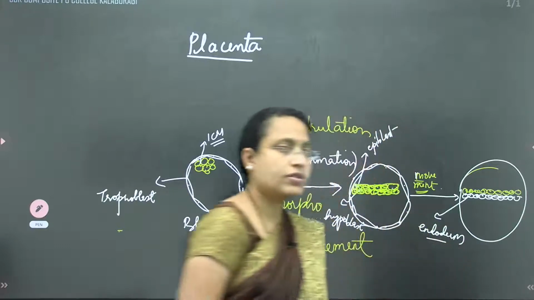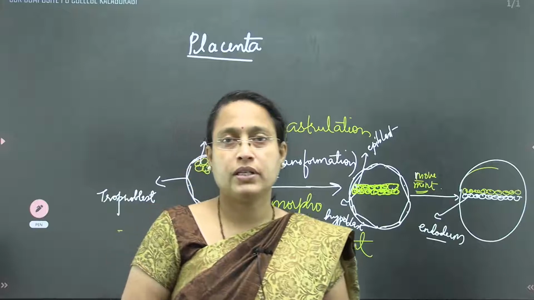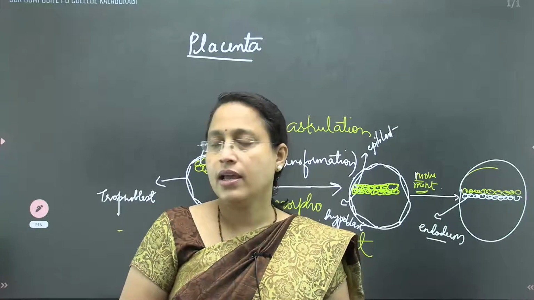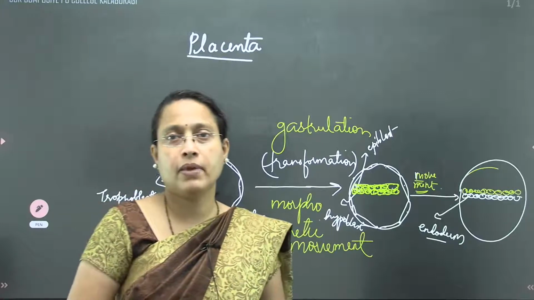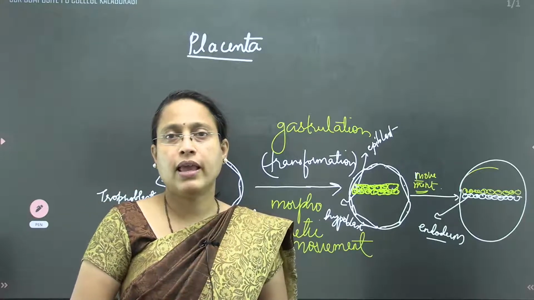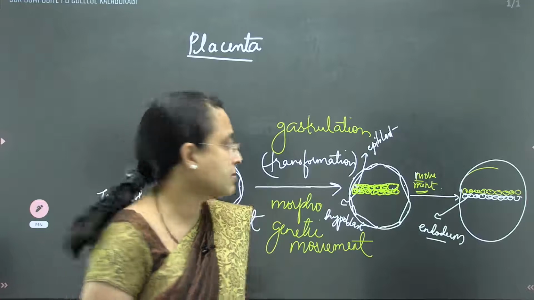So this is the first layer formed. The first germ layer formed is the endoderm, due to migration of cells from the epiblast replacing the hypoblast.